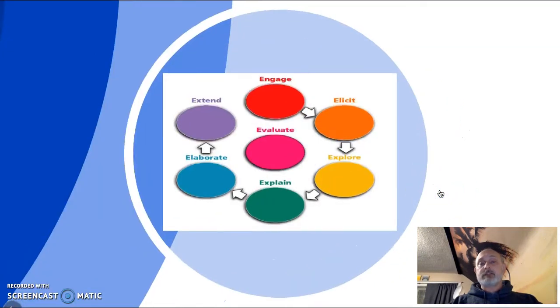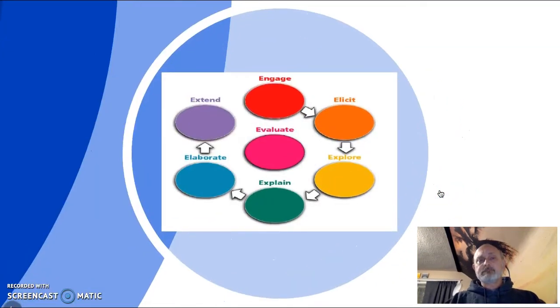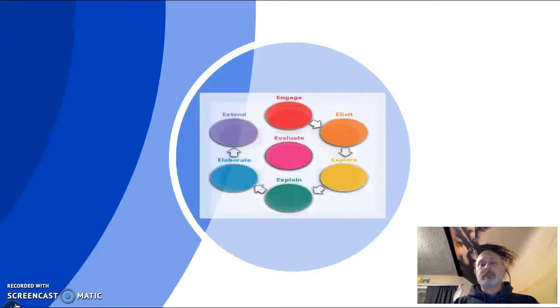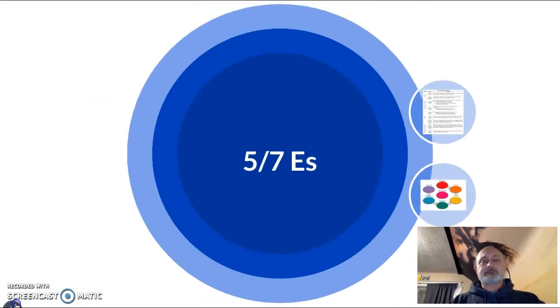Here's a diagram of a 7E model. The E's being engage, elicit, explore, explain, elaborate, extend, and evaluate. And this particular diagram shows that evaluation is at the center only because you can use it all along the way as a component embedded within the learning process.